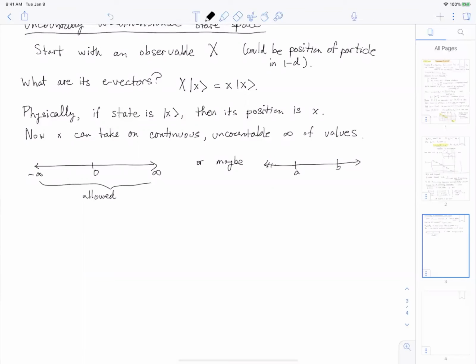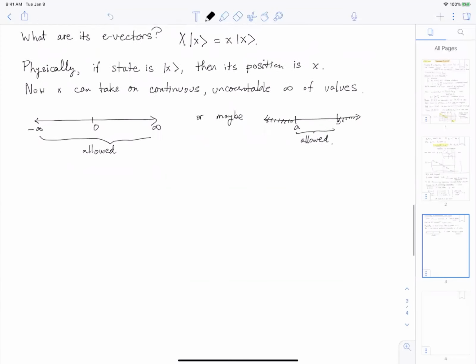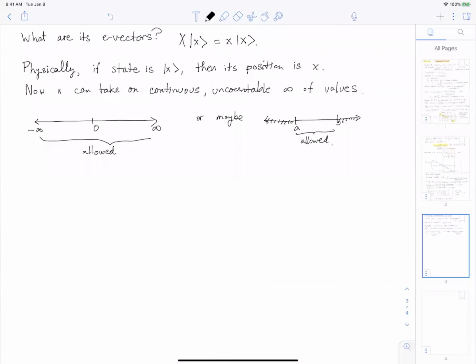I'm going to shade this out to say those aren't allowed and those aren't allowed. These are the allowed values for x.